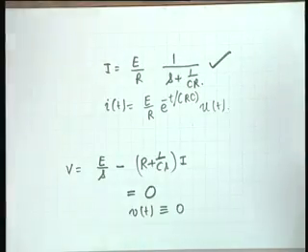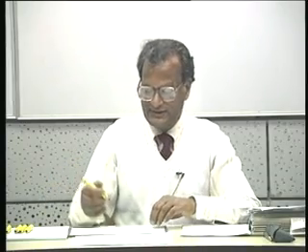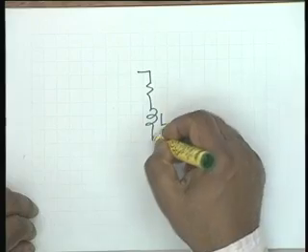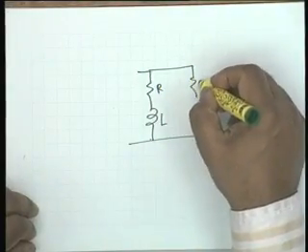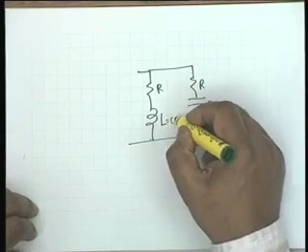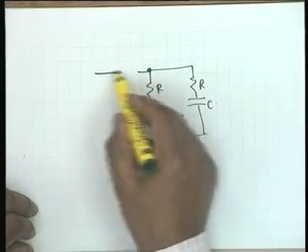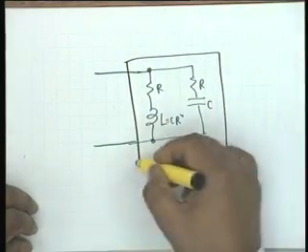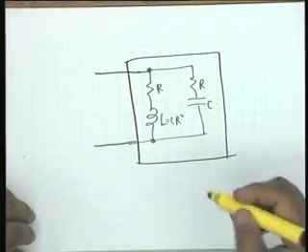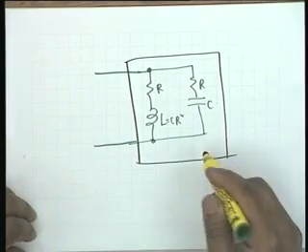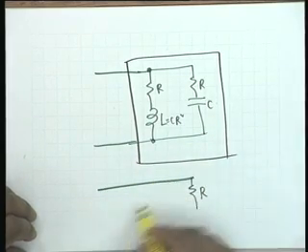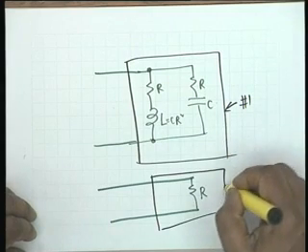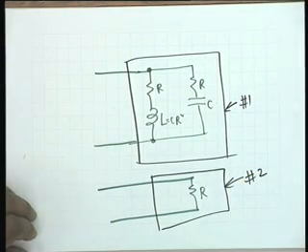Now this is, as I said, one of the most interesting circuits of network theory, and if I draw this circuit again, R, L, R, C, as an annexure to the working out of the problem, let me point out that if this is enclosed within a black box, and you have a resistor R also enclosed within a black box, call this box number 1 and box number 2, alright.